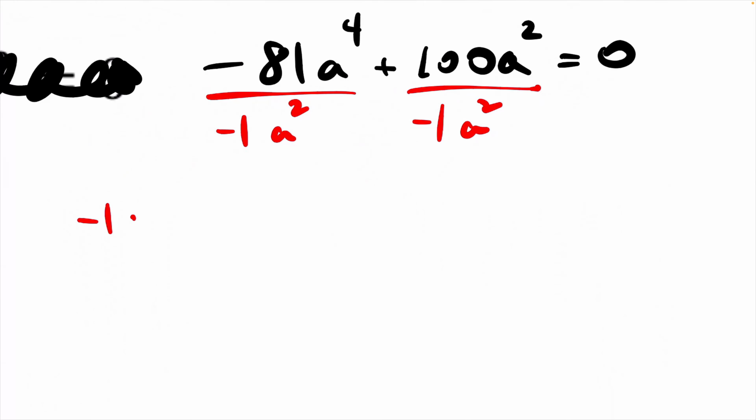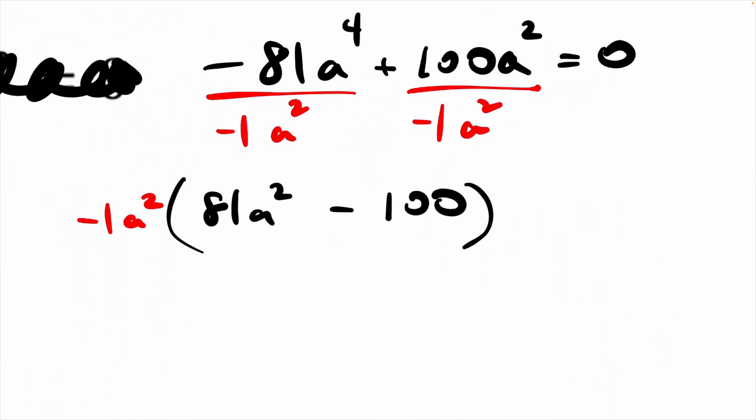So negative 1a squared. I get 81a squared minus 100. Is that difference of squares in the yellow? Yes, it is.